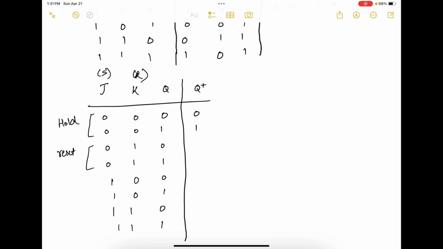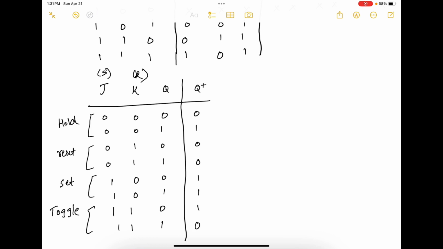When J is 1 and K is 0, that's the set operation. Oh, this is the reset, so it's going to be 0, 0. And this is set, so it will be 1, 1. And when J is 1 and K is 1, that's the toggle operation. So in toggle operation, when Q is 0, Q plus is 1, and when Q is 1, Q plus is 0.